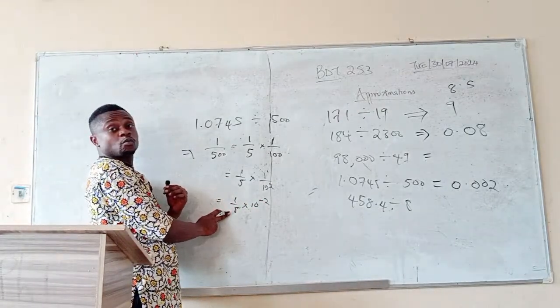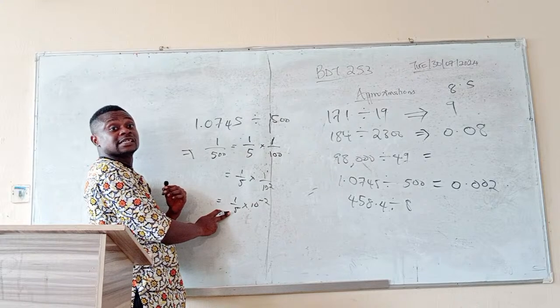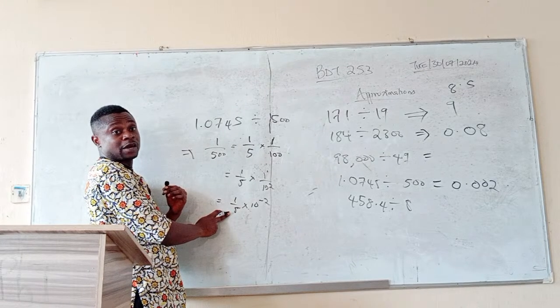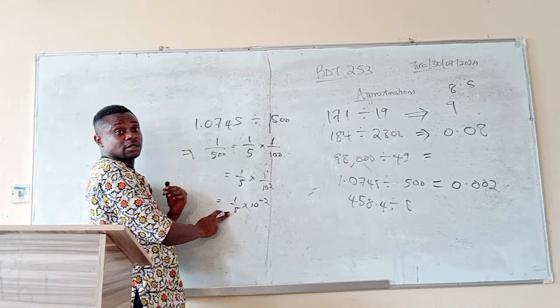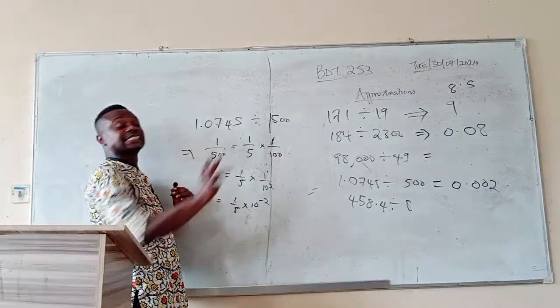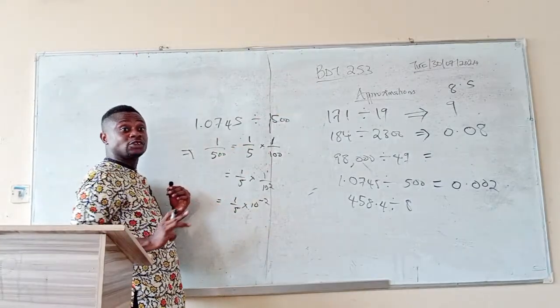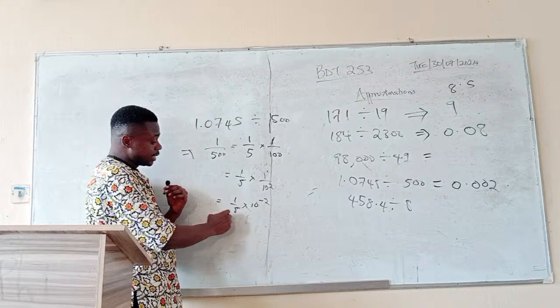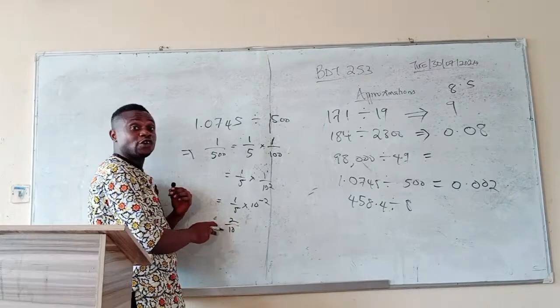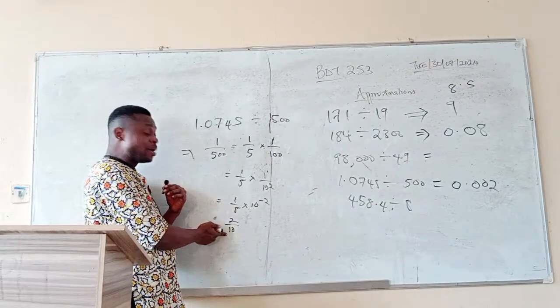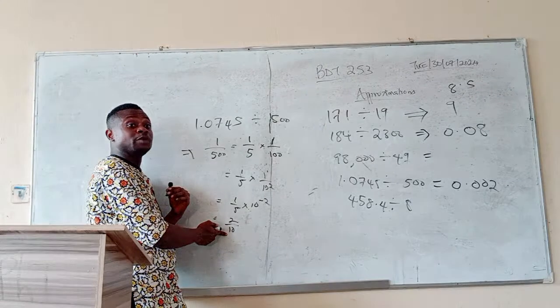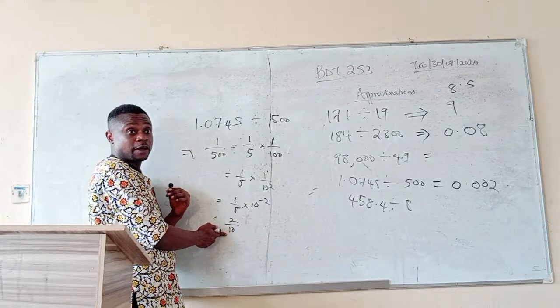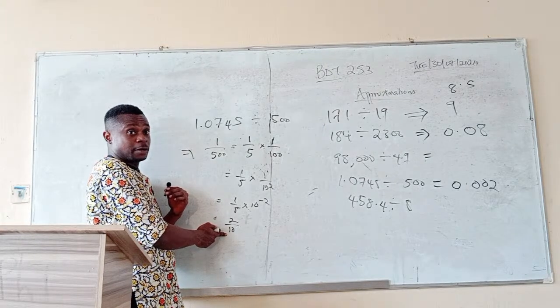This 1 over 5 is 0.2. Am I communicating? Yes. Okay, if you want to make it decimal, it's the same as saying 2 over 10. You look for the equivalent fraction that will make the denominator multiples of 10. Are you aware?